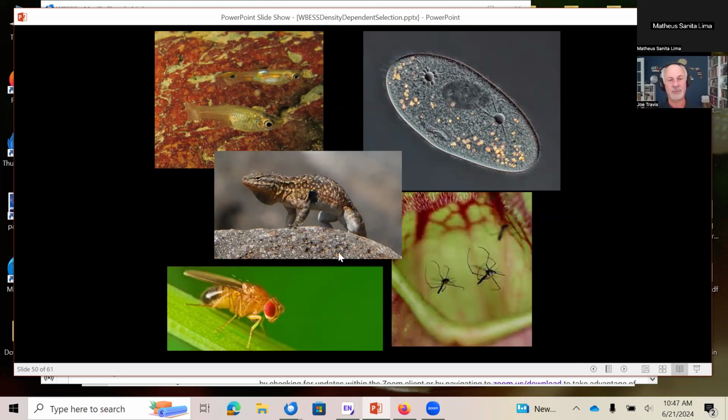Guppies are not the only example. Asymmetric competition has been demonstrated in lizards, in paramecium, Leo Luckenbill's old experiments, in Drosophila, in pitcher plant mosquitoes, Bill Bradshaw and Christine Holzapfel's experiments. Yet, in studies of density dependent selection, most of them, frankly, do not investigate whether competition is asymmetric.